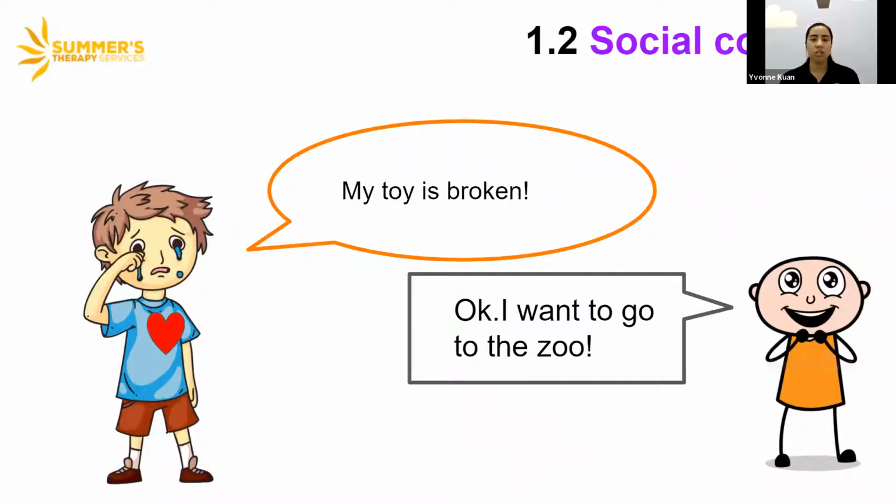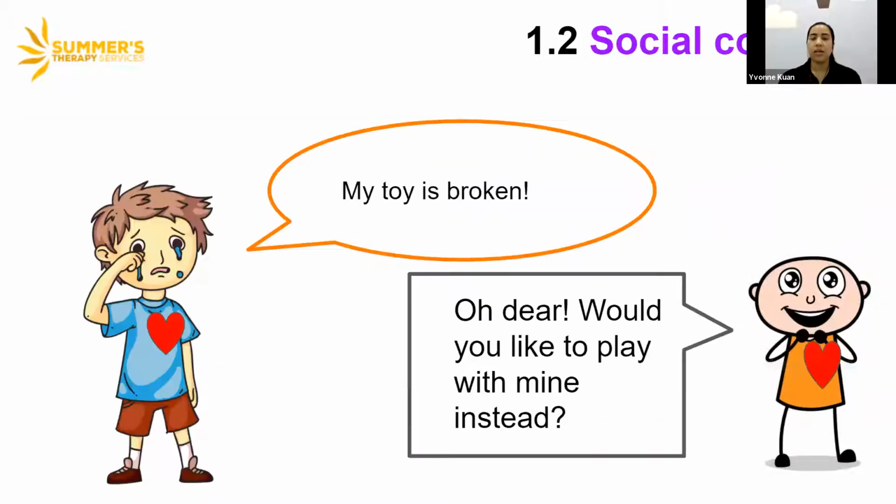I'm acknowledging that I heard you say that your toy is broken. But here, I would choose to use a more empathetic choice of words by not just saying, okay. I'm acknowledging by saying, oh dear, I want to show that I can share your sad feeling, and at this point you are probably feeling upset and you want somebody to say oh dear to you rather than just okay.